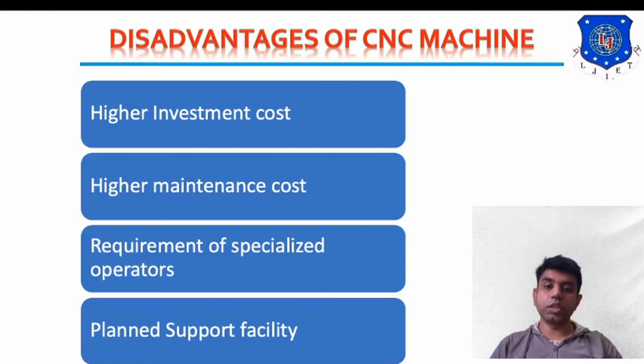But in the case of CNC machine, there are a lot of things to look after, right? The third disadvantage is the requirement of specialized operators, because the person operating that CNC machine must be well versed with the programming method, how to write the program; that skill must be there. The last thing is plant support facility, right? We need to plan properly to have better operation of the CNC machine, right?